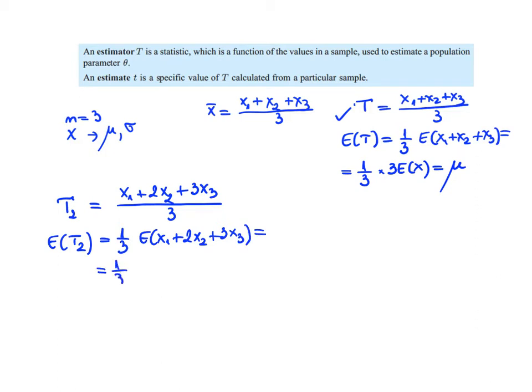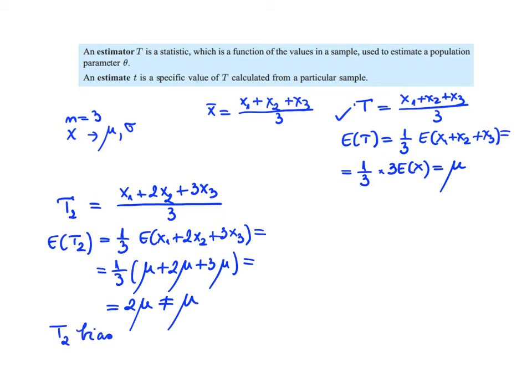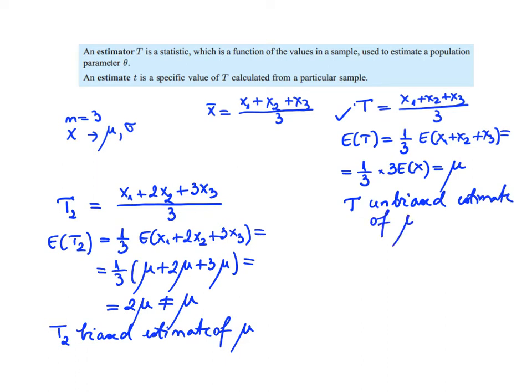So I'll get 1/3 times mu, 2 mu, 3 mu. So I get 2 mu, which is not the same as the parameter I'm looking for. So I call T2 a biased estimate of mu, whereas T is an unbiased estimate, meaning it's a good one, of the population parameter mu.